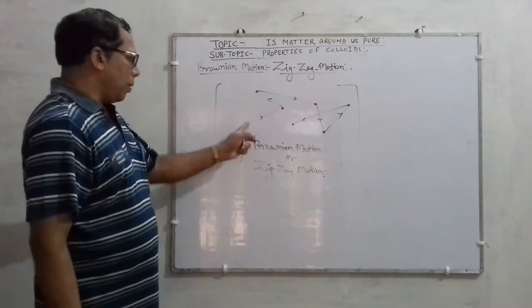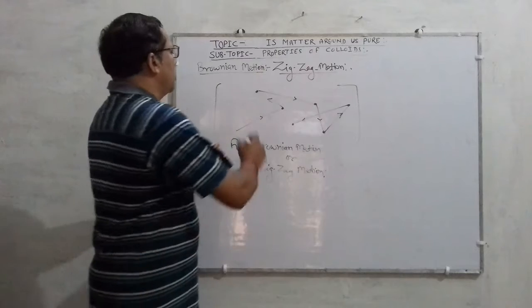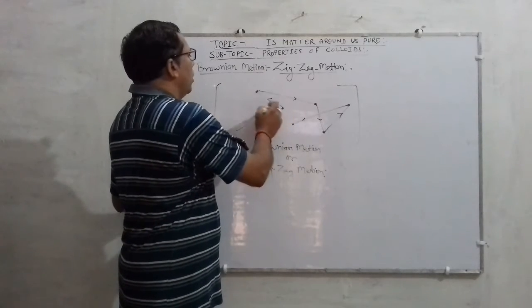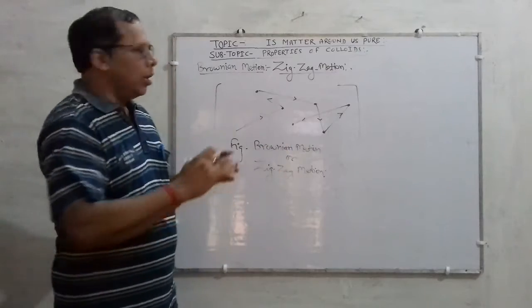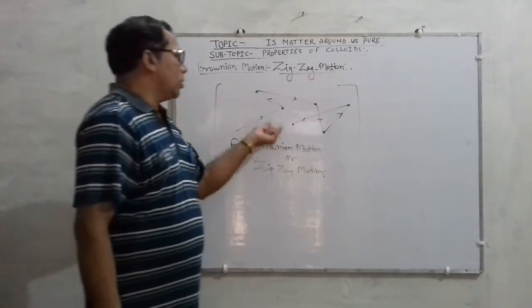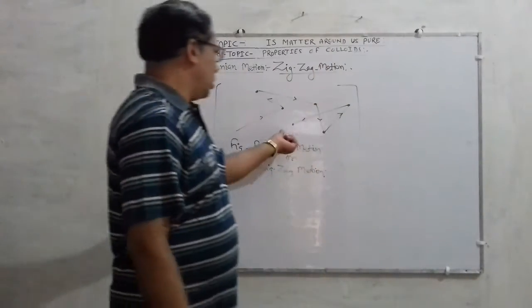From this figure, it is very clear that when colloidal particles move randomly or in a zigzag path, such a path is called zigzag motion or Brownian motion.